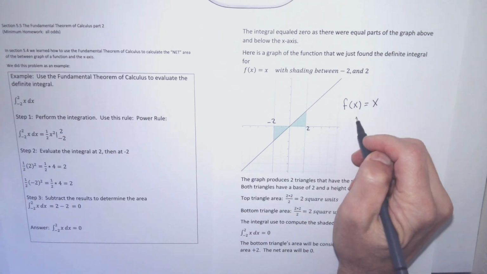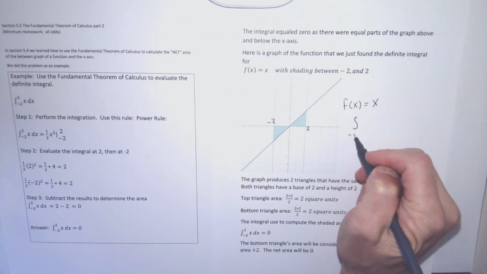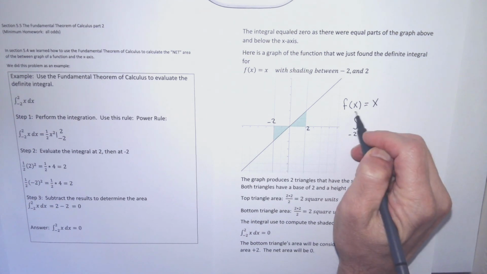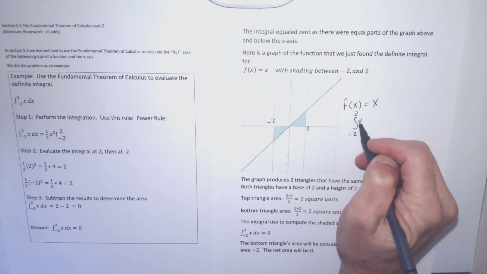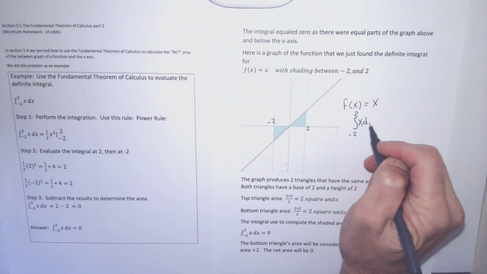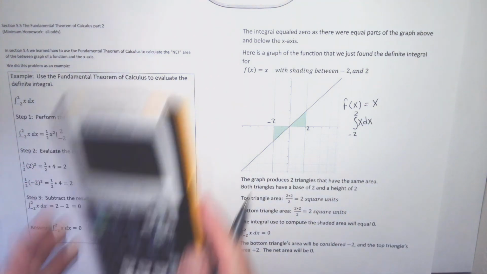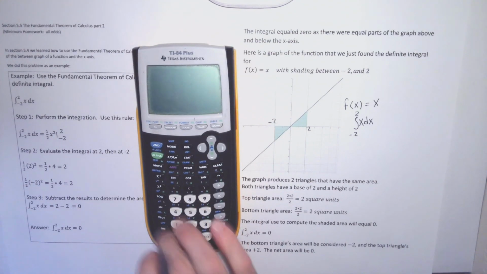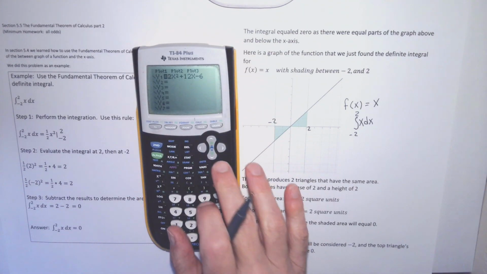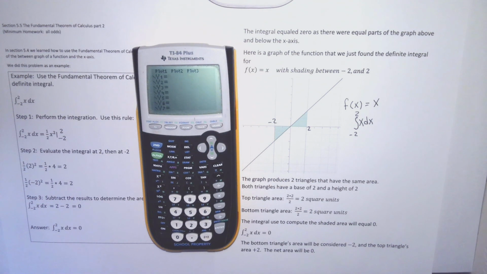When we did the integration of the function f of x equals x between -2 and 2, we got 0 for an answer, because definite integrals give me net areas as opposed to gross areas. If I just enter the function f of x equals x, you can see the graph looks more or less like what I have on the screen.